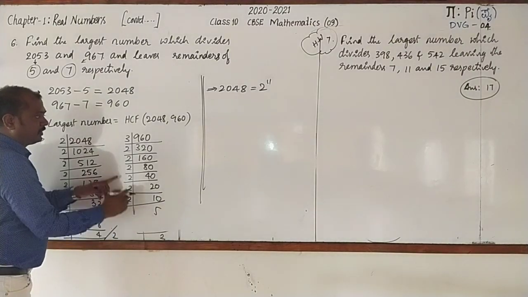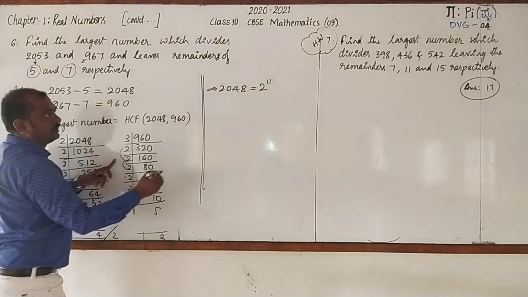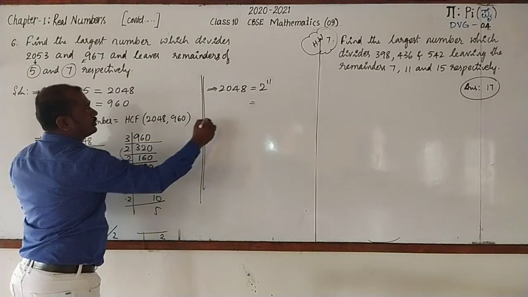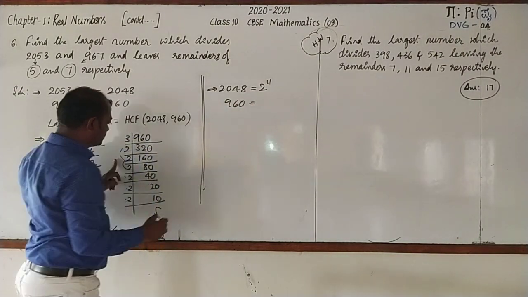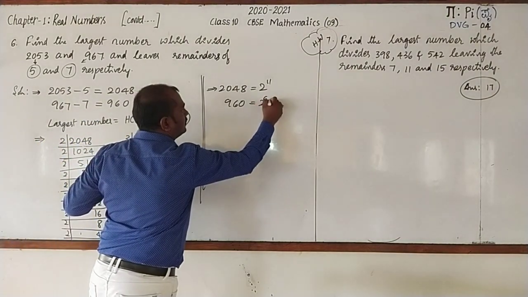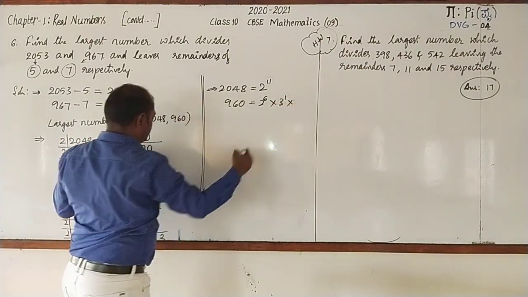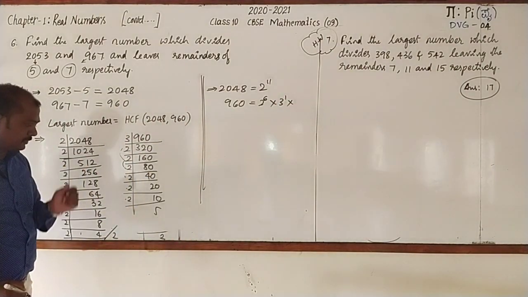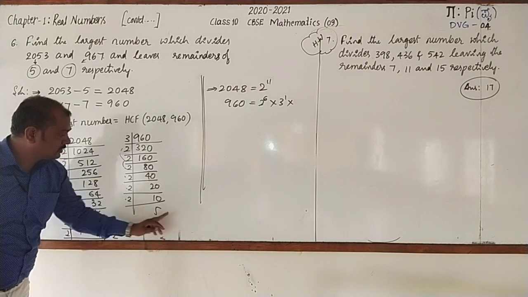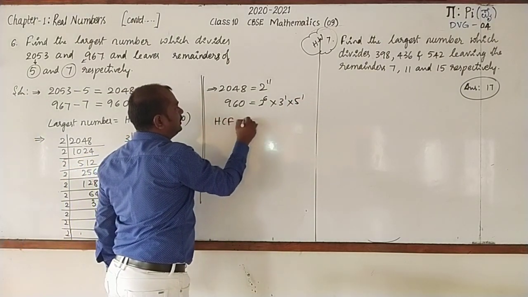Clear? Now see the 2, how many times? 1 2 3 4 5 6. So 960, its factorization can be written as 2 raised to the power 6 into 3 raised to the power 1 into 5 raised to the power 1.